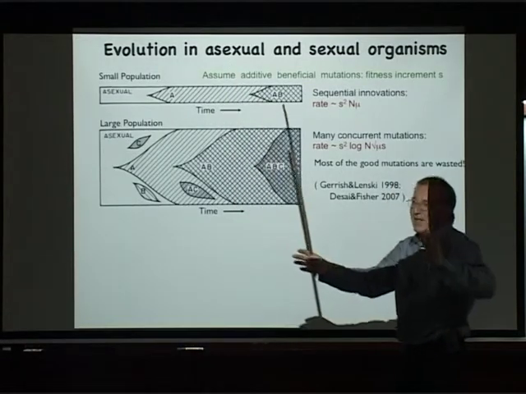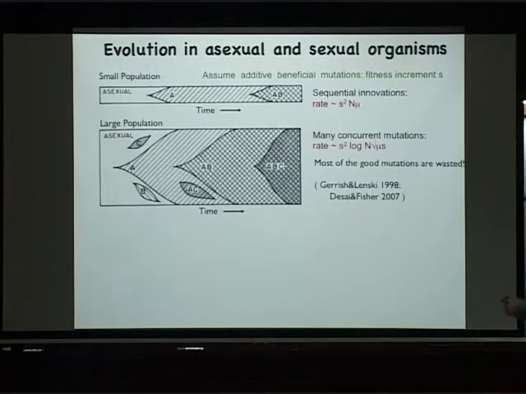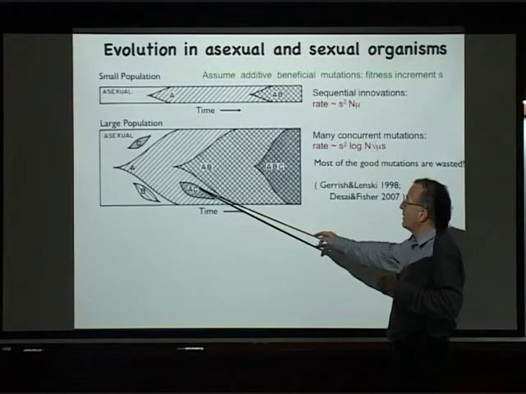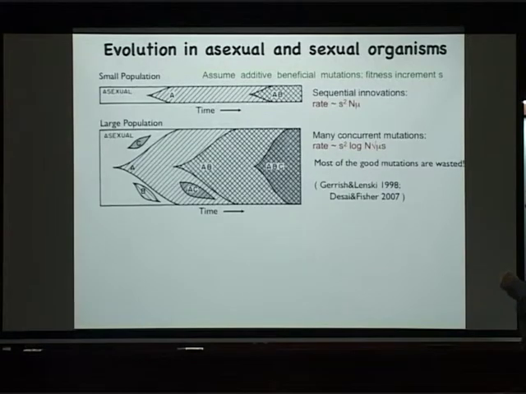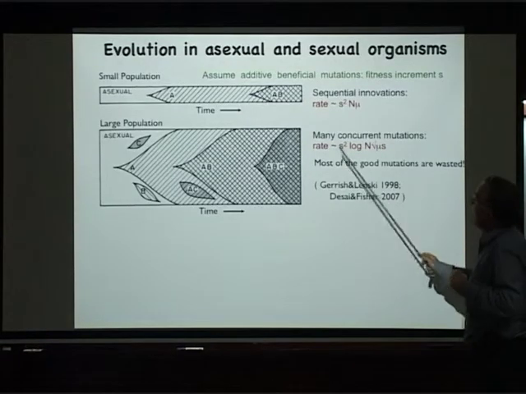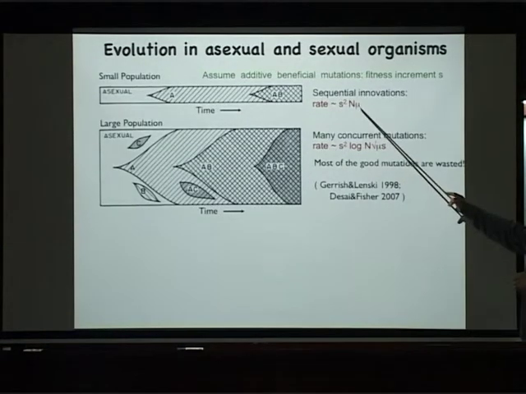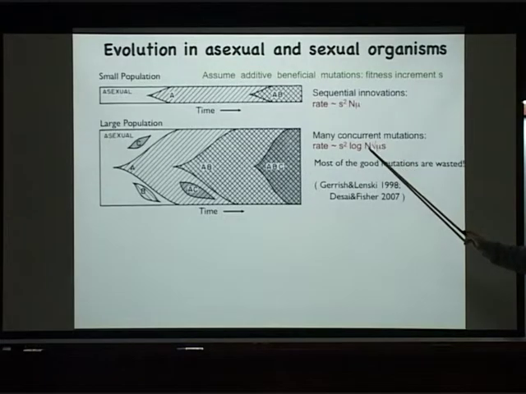But, you know, log N can get too large. And that's sort of the whole point, because it turns out that because most of the mutations are lost in this case, the rate of evolution is no longer linear in mutation influx, but instead depends only logarithmically on N.